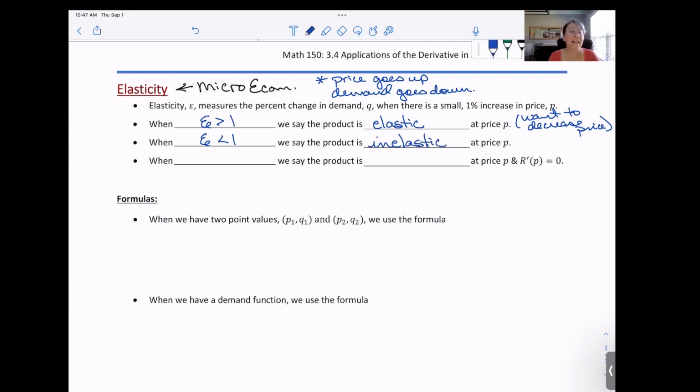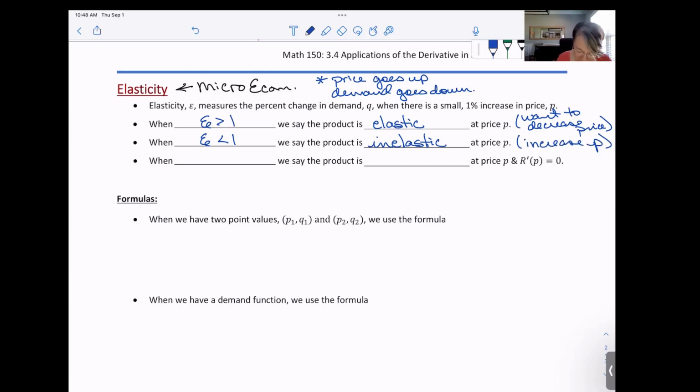In other words, a 1% increase in the price, you have less than a 1% change in the demand. So that's not a bad thing. We can increase the price and not lose as many, so we still get more revenue. So on this one, we want to increase price.